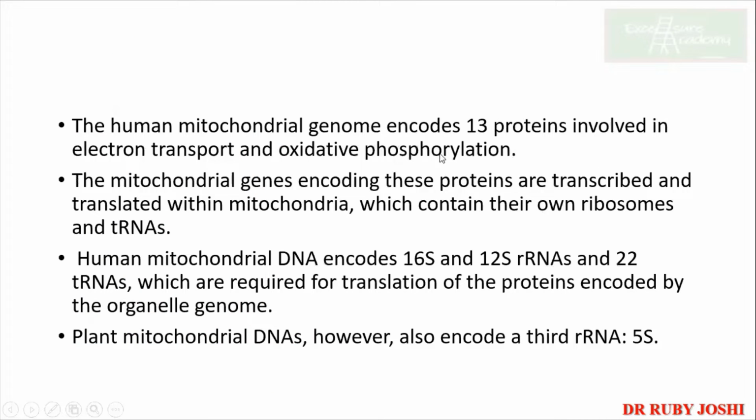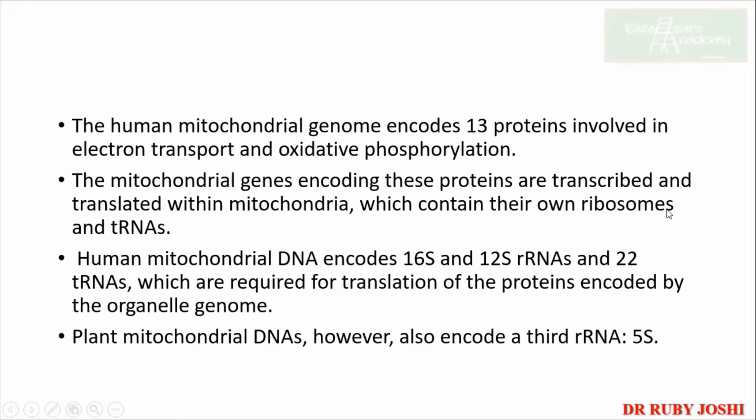The human mitochondrial genome encodes around 13 proteins involved in ATP synthesis. These genes are transcribed and translated within the mitochondria, because they have their own ribosomes and tRNAs. Human mitochondrial DNA encodes 16S and 12S rRNAs and 22 tRNAs.